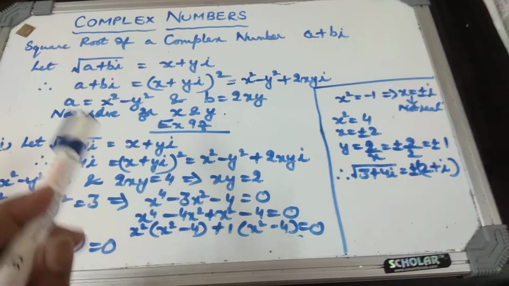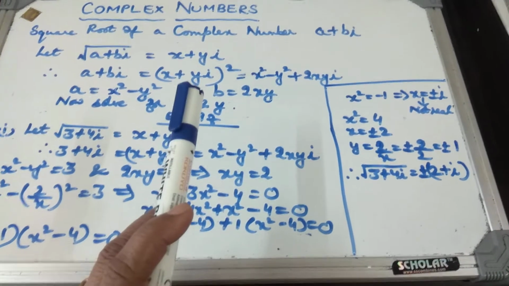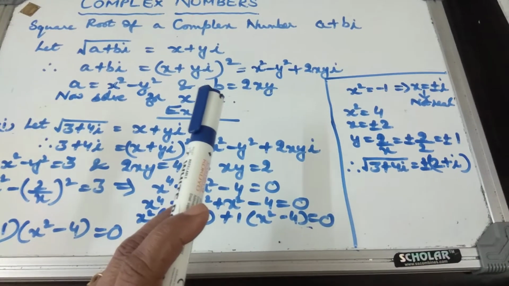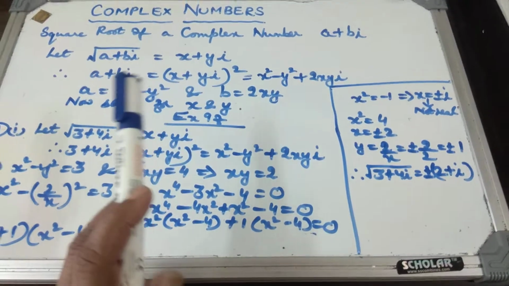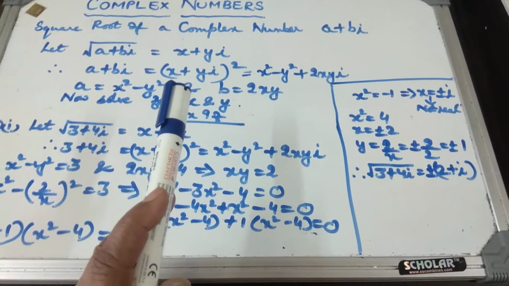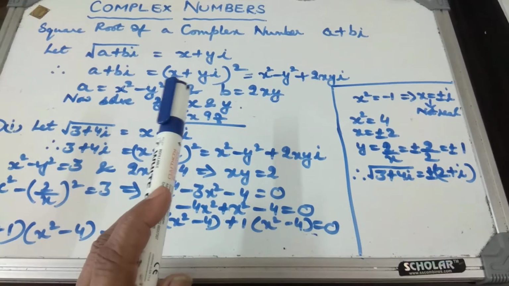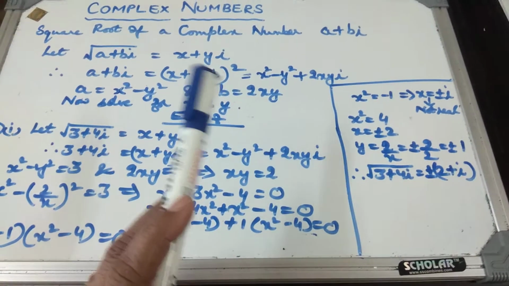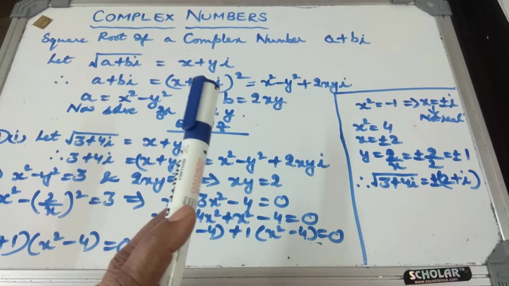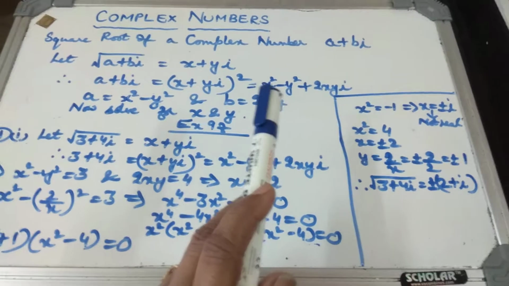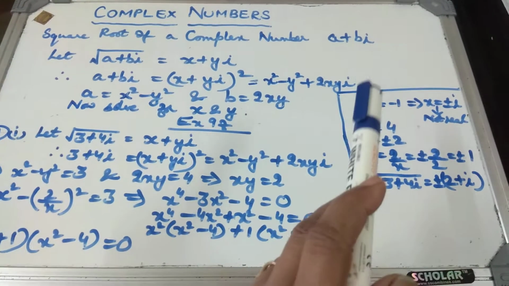Now I repeat, a plus bi is equal to x plus yi whole square. Since we have squared both sides, we get this. Now doing the expansion with the a plus b whole square formula, you will get x square plus y square i square, and i square could be replaced by minus 1, hence x square minus y square plus 2xyi.